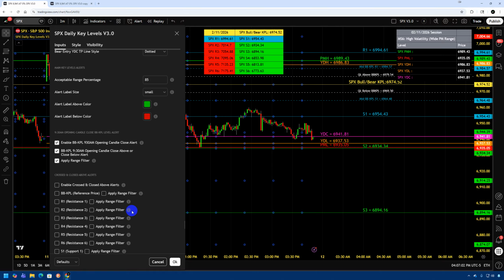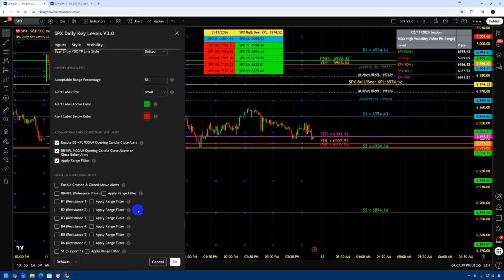However, for trade entries, that's a whole different story. When you want to see an alert because the purpose of that alert is to alert you to a possible trade entry, then I would suggest that you use the acceptable range percentage filter. But that's why they're optional, because they can be used for different purposes, and the primary purpose of the range filter is predominantly for trade entries.